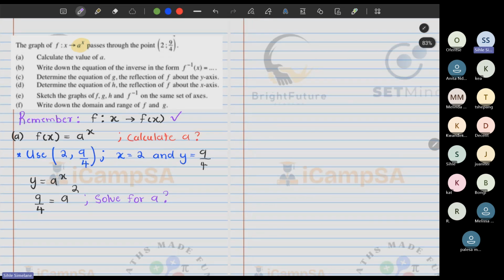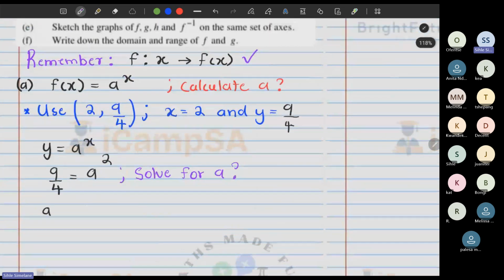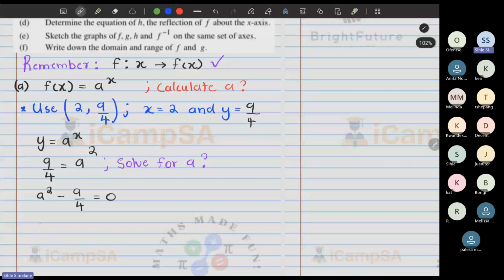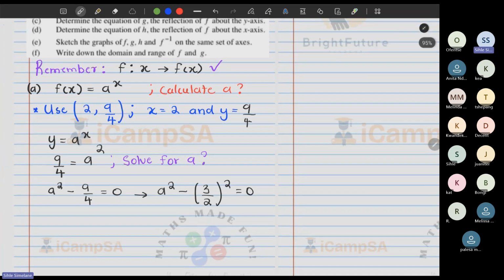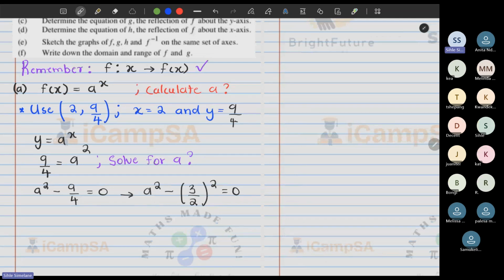So if you remember, you will see that this is a difference of 2 squares. So if you look carefully at a squared minus 9/4, which is equal to 0, for some of you, you will be able to see that this is a difference of 2 squares. So you have a squared minus (3/2) all squared equals 0. And how you deal with such a problem is very simple. You open 2 brackets.